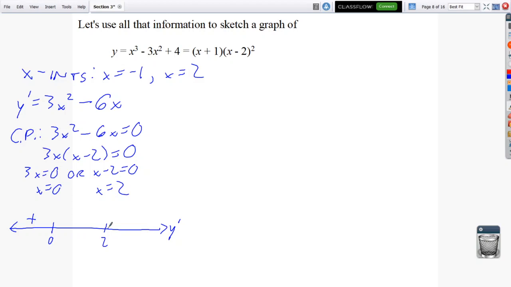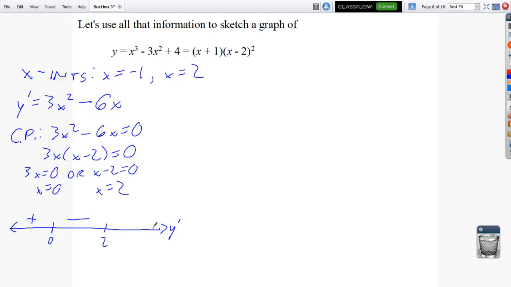Between 0 and 2, I have a positive for the first factor, and less than 2 minus 2 is going to be negative. Positive times negative, I get negative. Doesn't work for you? 1 is right in there. 3 times -1, yeah, negative. Looking a little bit further, bigger than 2.